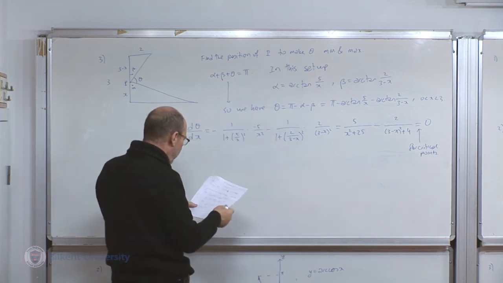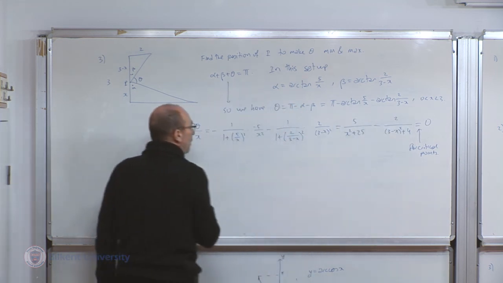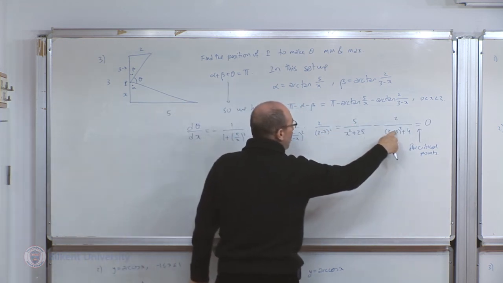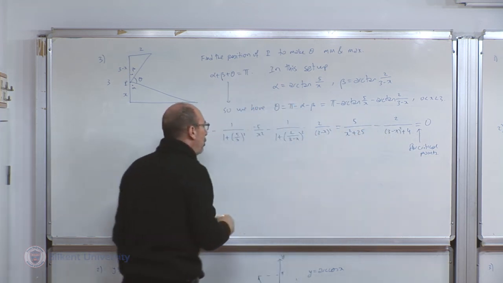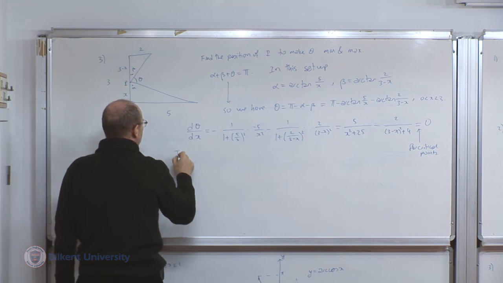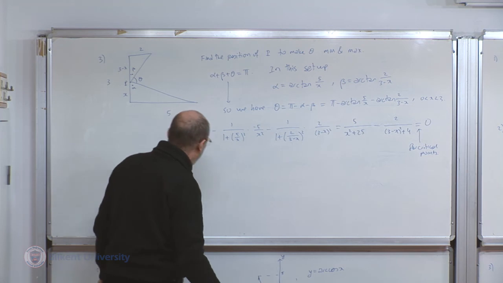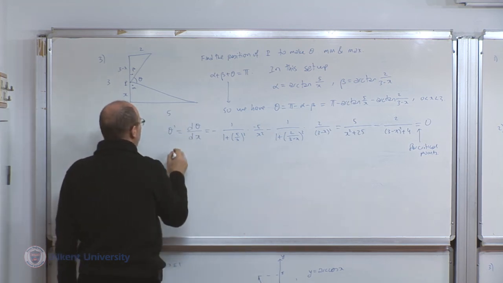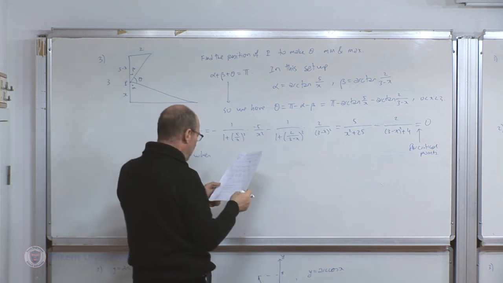So when you solve this, this thing is equal to this thing. So you multiply this by this, it is equal to this times 2. You collect terms. So let me say theta prime. Theta prime equals 0. When you simplify this, you'll get a polynomial.